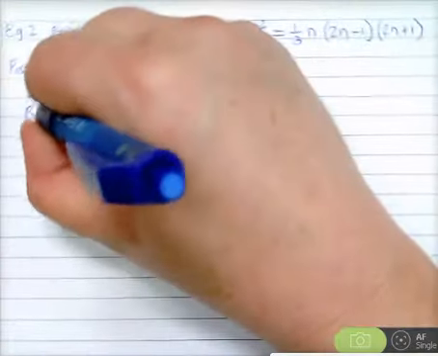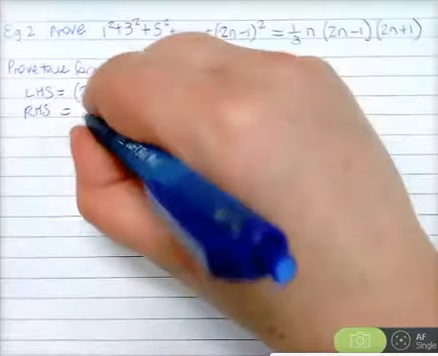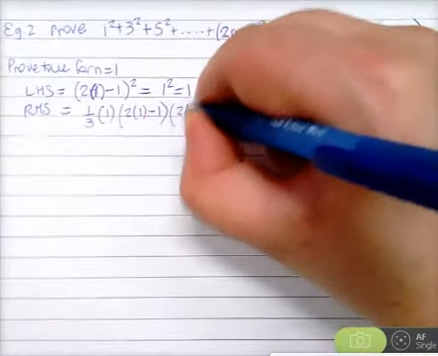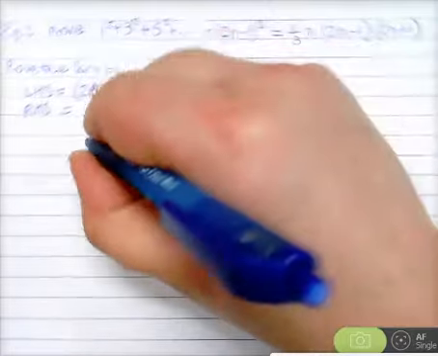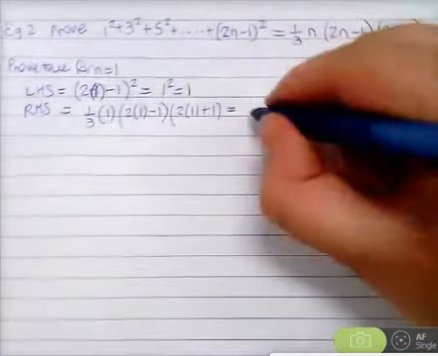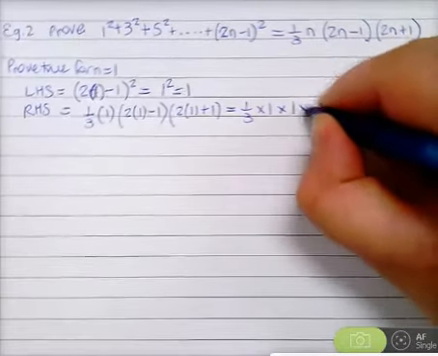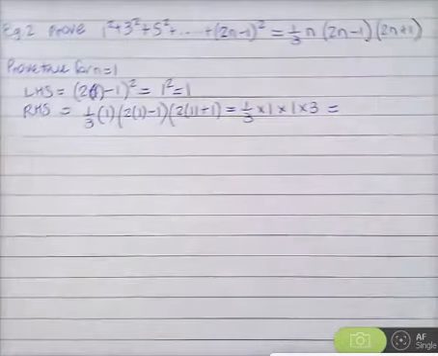Right-hand side is 1/3 times 1 times 2 times 1 minus 1 times 2 times 1 plus 1, which is 1/3 times 1 times 1 times 3. We okay? Which is 1.